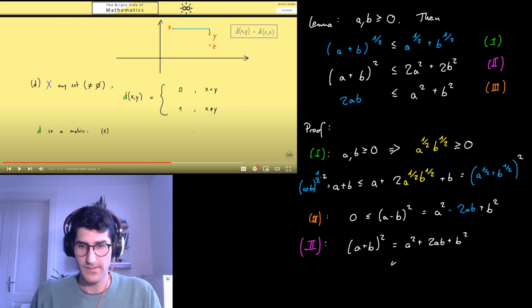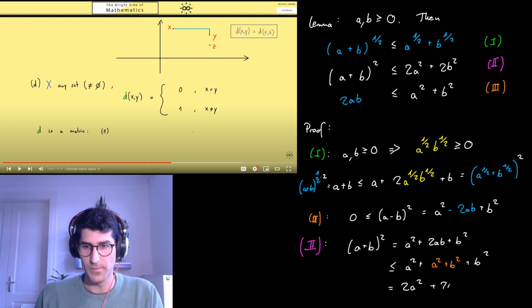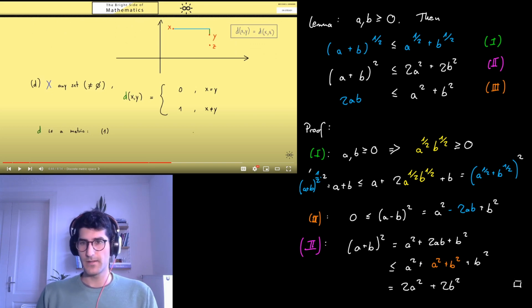So this is smaller than a squared plus b squared plus a squared plus b squared, which is the right hand side of the second inequality. So this is 2a squared plus 2b squared. So easy proof, real numbers.